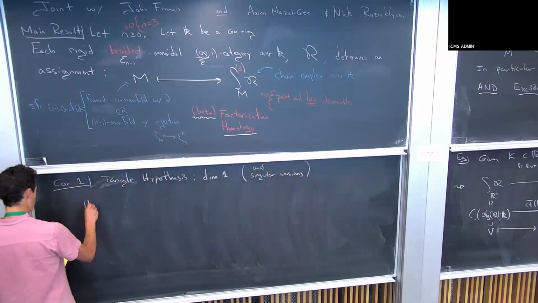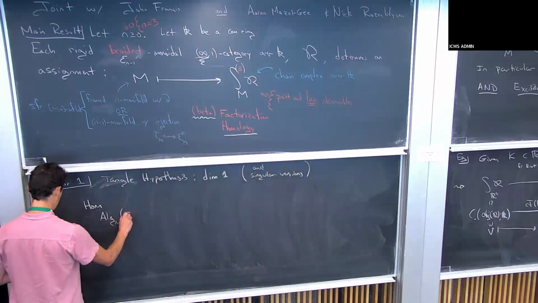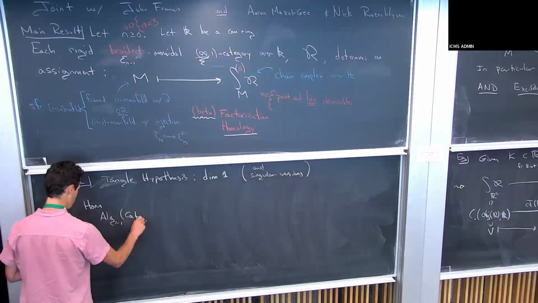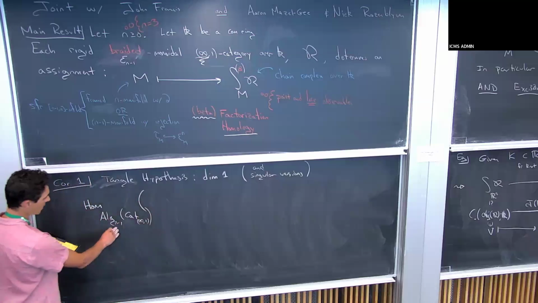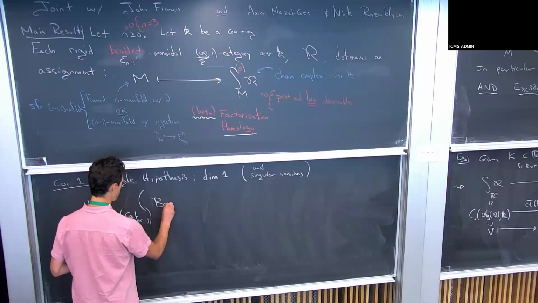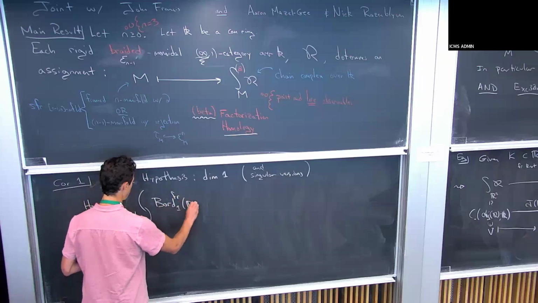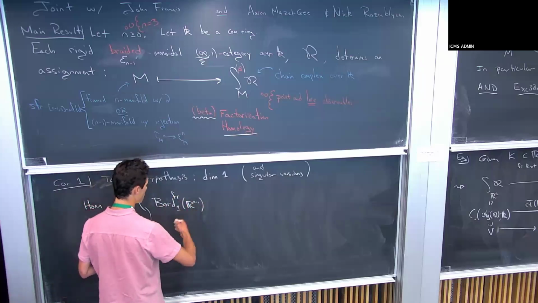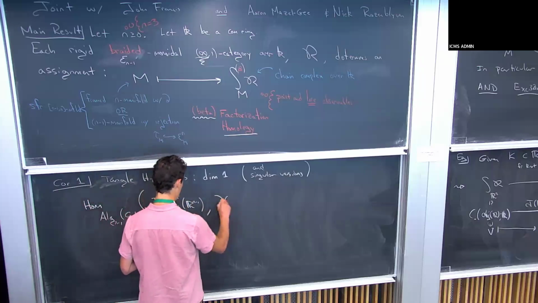I'll just write the statement. I don't intend to belabor it too much. Hom between E_{n-1} monoidal infinity-1 categories from the bordism category of framed one-dimensional tangles in R^{n-1} cross intervals into anything else.